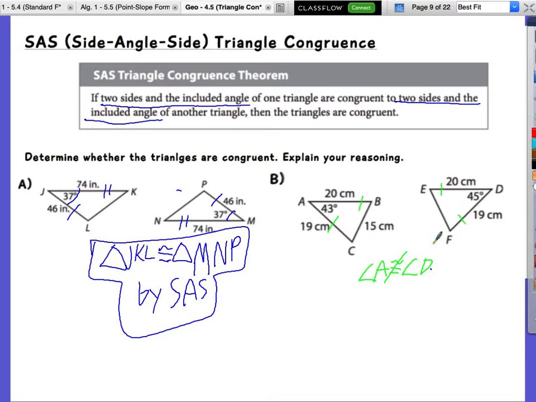So we say angle A is not congruent to angle D, so the triangles are not congruent. Or you can say not congruent and then have this explanation.